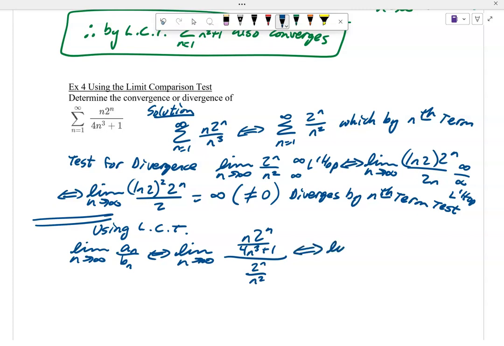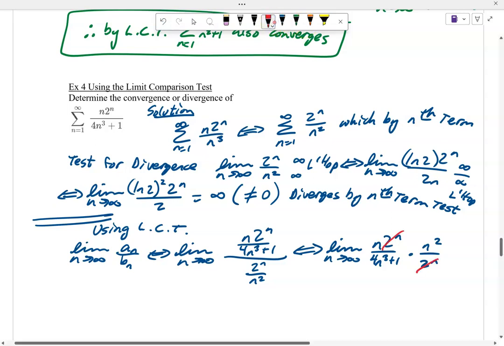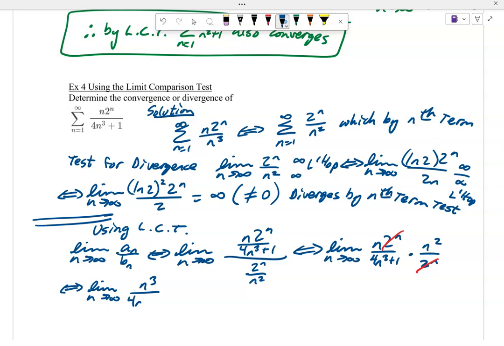So we've got those will cancel there. So it looks like we've got n times n squared, I got n cubed over 4n cubed plus 1. Let's do this algebraically.